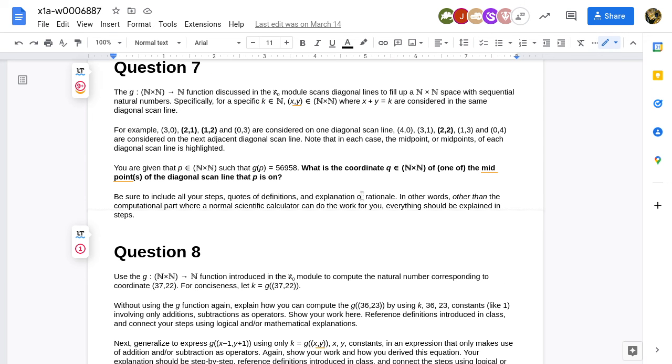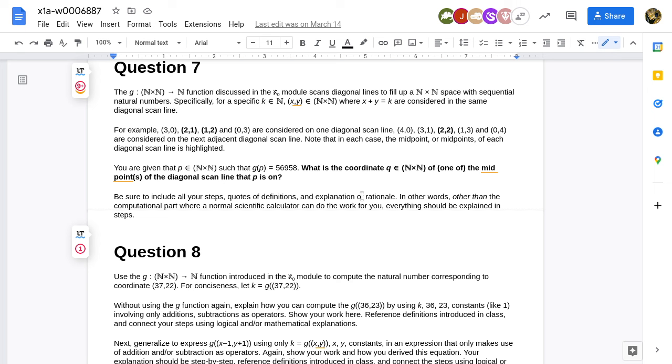Okay, so let's take a look at question number 7. The G function, as we talked about in the Aleph No module, scans diagonal lines to fill up an n by n space with sequential natural numbers, and so on.